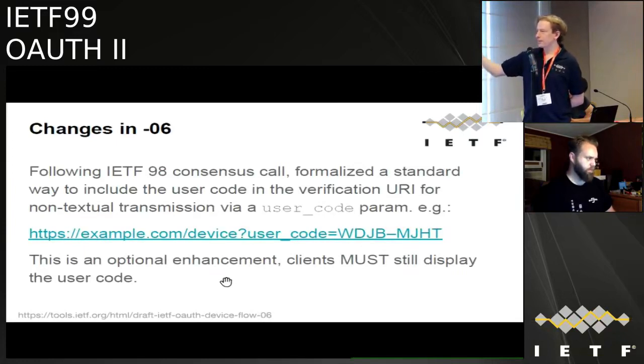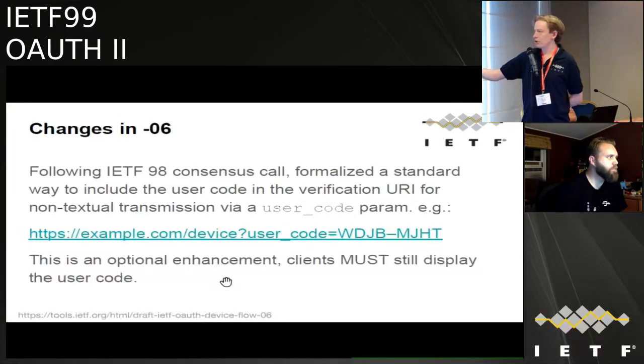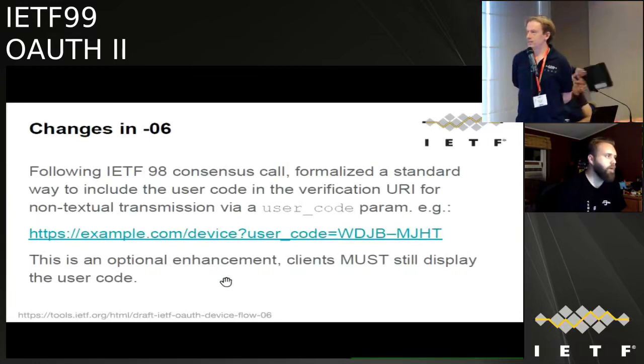The spec is basically saying, as an optimization, if you want to display that verification URI textually, then you can use a standard URL parameter that matches the key of the JSON, called user_code, and pass it in the URL. So it tells you how to construct this optimized URL. Okay, so that's constructed client side then. Correct. Yes. All right, that was unclear to me.